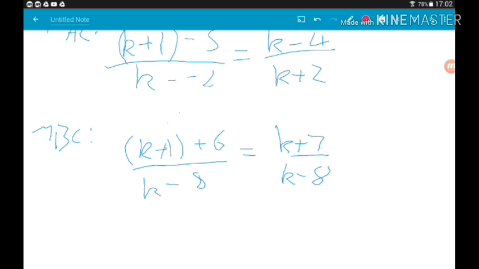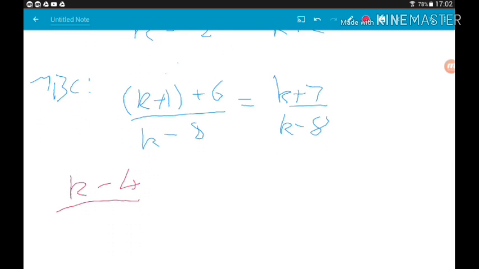So k minus 4 over k plus 2, times k plus 7 over k minus 8, is equal to -1.